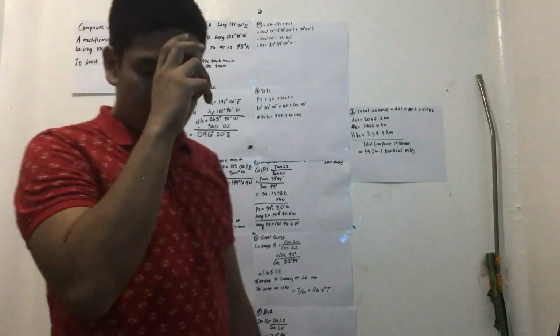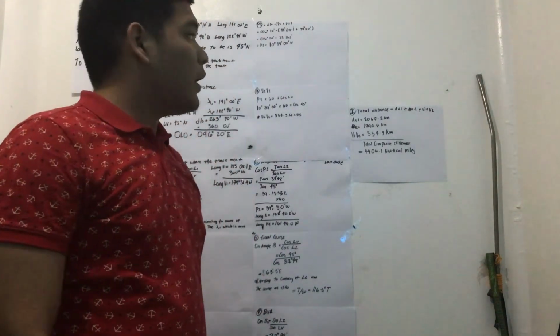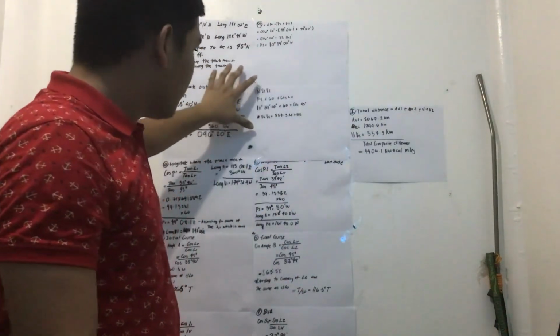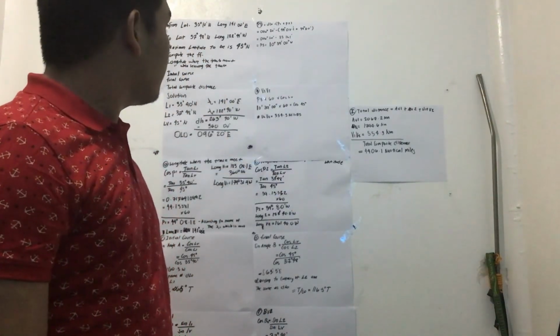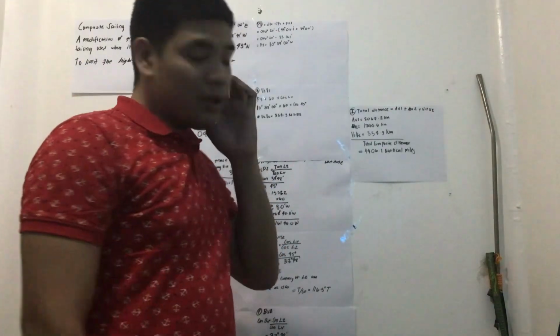So to get the total distance, we have to add the AV1, the BV2, plus the V1 and V2. The three of these, you should add them to get the total composite distance.